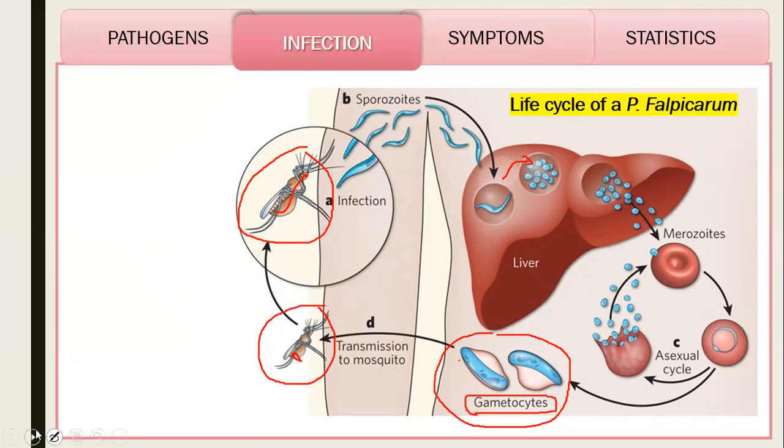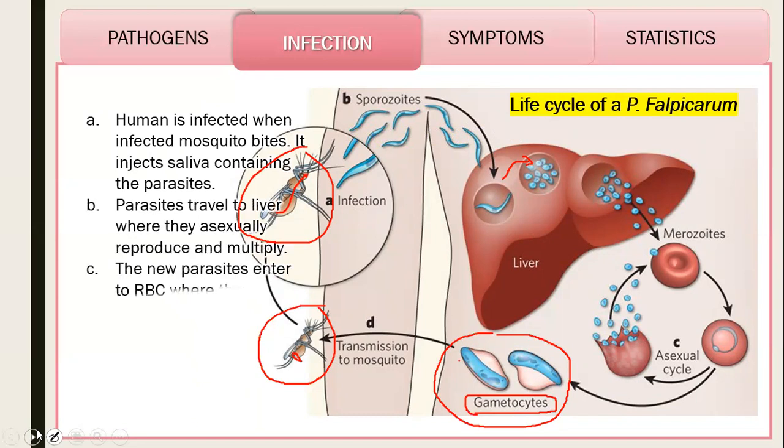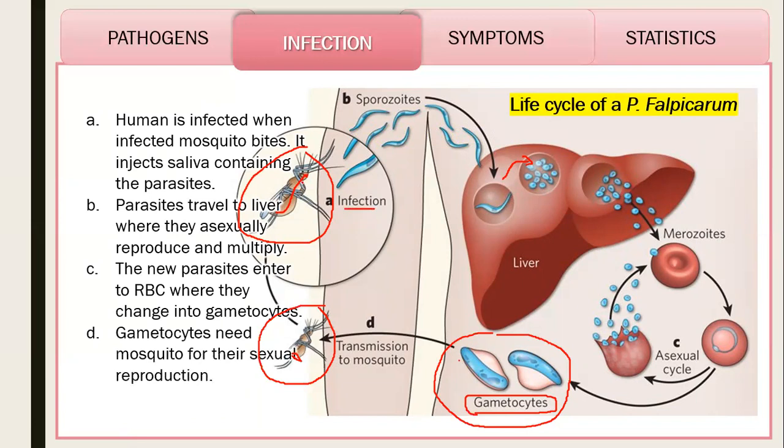of course, this shows the stages of the life cycle of a plasmodium. As you see in A, infection: a person is infected when an infected mosquito bites and its saliva contains parasites. In B, parasites travel to the liver and reproduce asexually in the liver cells and they multiply.